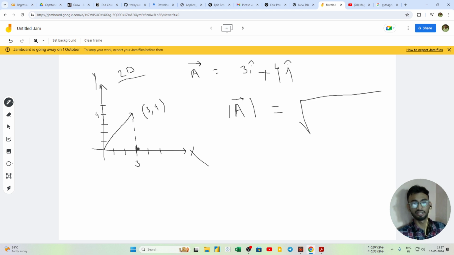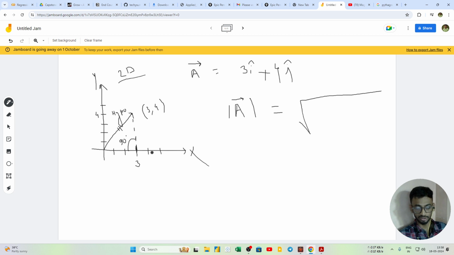If I join this, just think of it in this manner. Then this forms 90 degrees. This is a perpendicular. Then this becomes the hypotenuse, and from the properties of a triangle, we apply the Pythagorean theorem here.